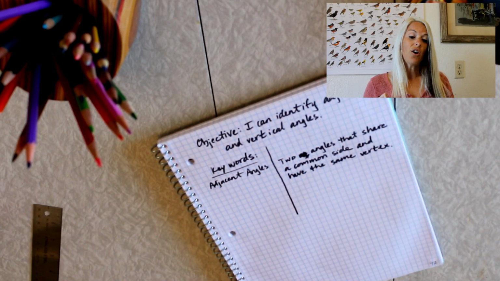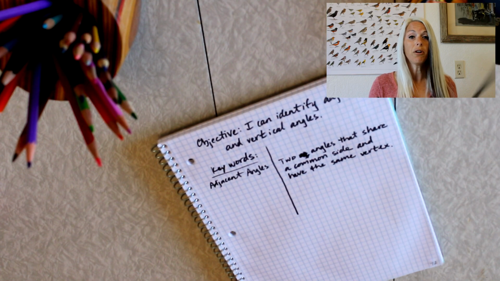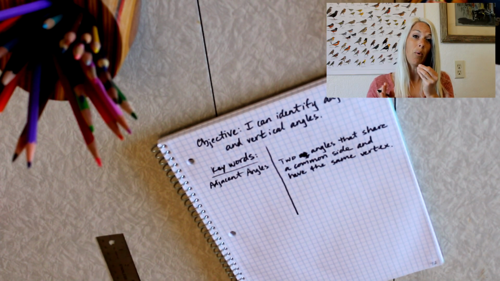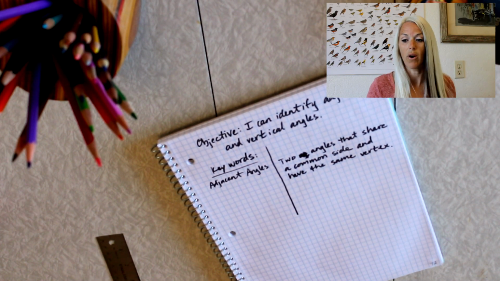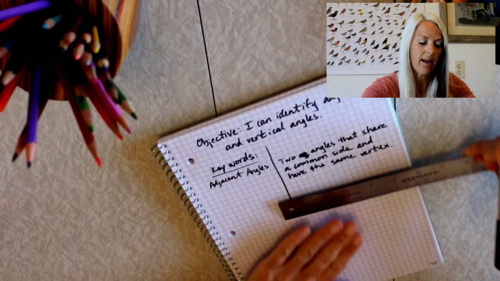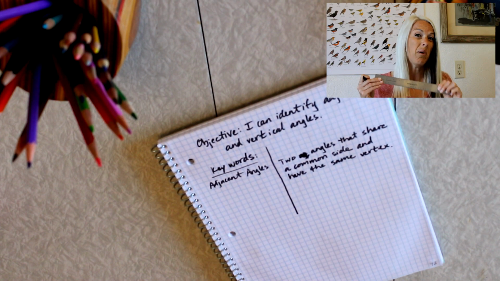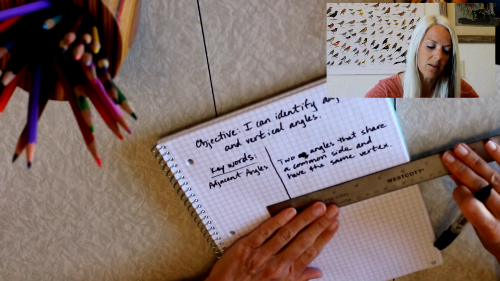Okay, so we're going to go ahead and draw what that means. Remembering the word vertex is when two rays come together and form a point, so like a corner. If you notice today I'm using a ruler, so if you could even pause the video and grab a ruler, that would help. If not, that's fine as well.